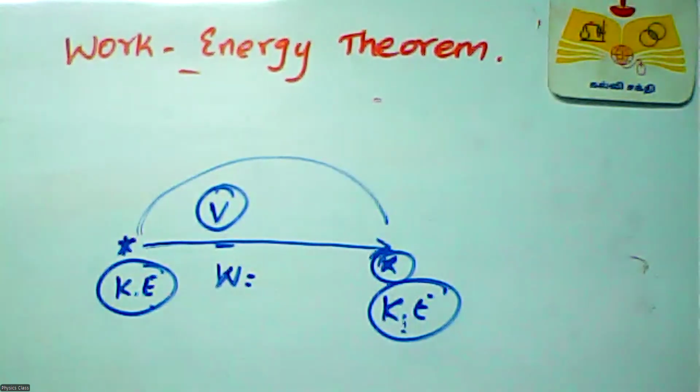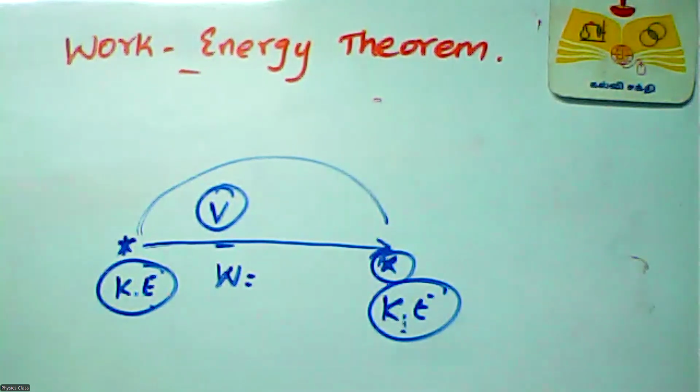A lot of students are asking doubts. Once again, the product of force and displacement is called work done. Yes, correct, very good. This is a very simple definition for the work energy theorem.